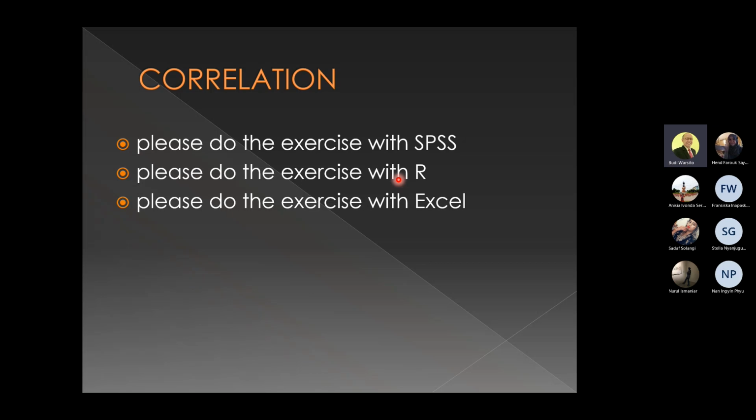R is free software, but it's not so easy for a beginner because it is a programming language. You have to write some commands. It's not simple. It's generally used by statisticians.